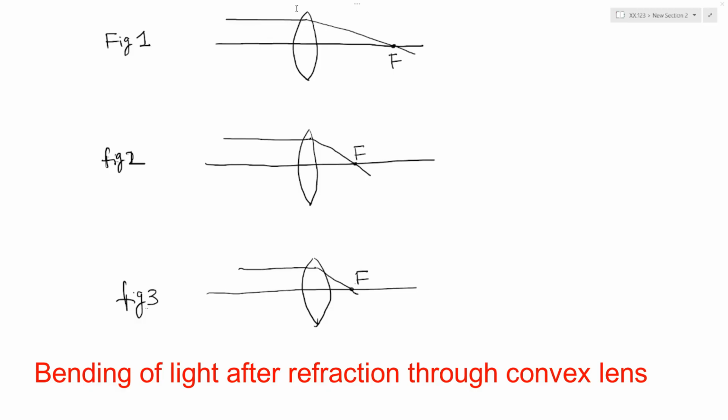In figure 3 also, the ray of light undergoing refraction passes through the focal point. What is the difference between these three figures? In all the three figures, the difference is the bending. In figure 1, the light is bending less. In figure 2, the light is bending more. In figure 3, there is the largest bending.